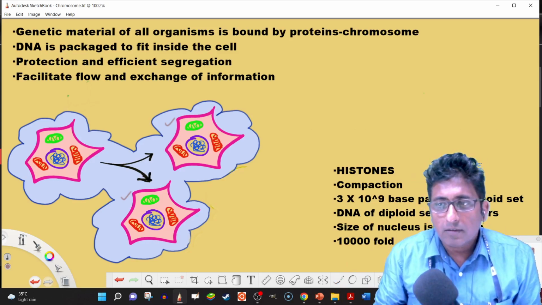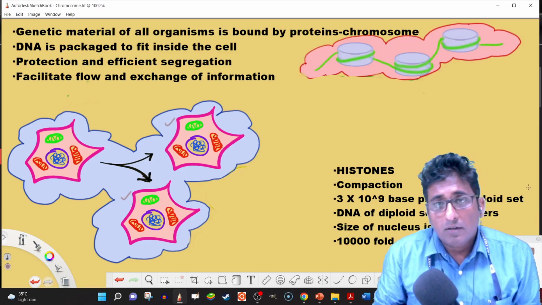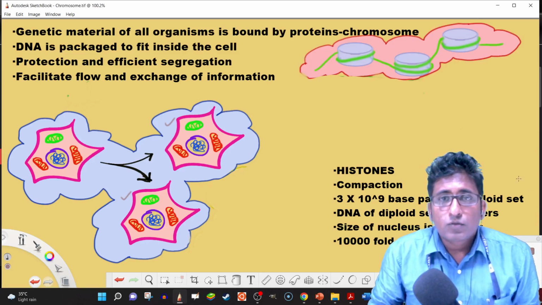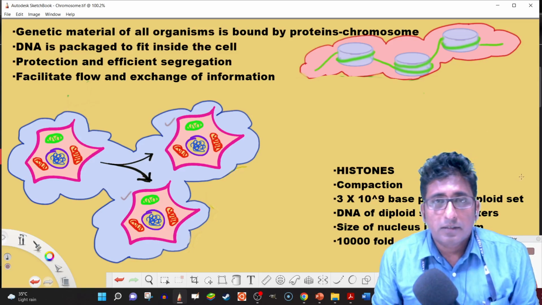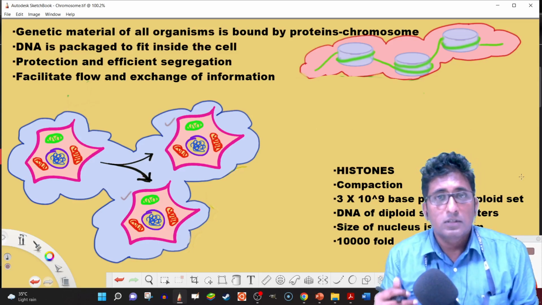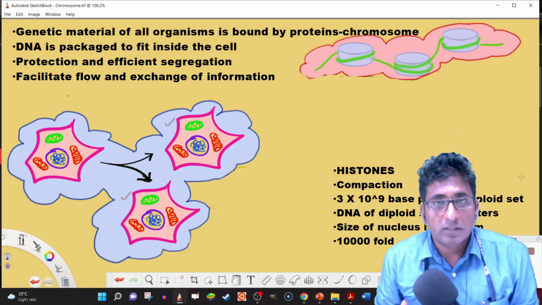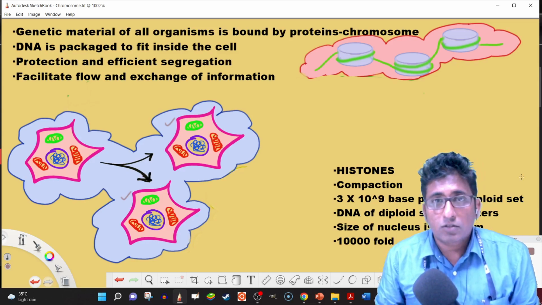So what we have in this is that all the DNA in all the cells is wound around several proteins. This is much more characteristic of eukaryotes, because the DNA of eukaryotes is wound around special basic proteins, or proteins with a lot of basic amino acids, called histones.